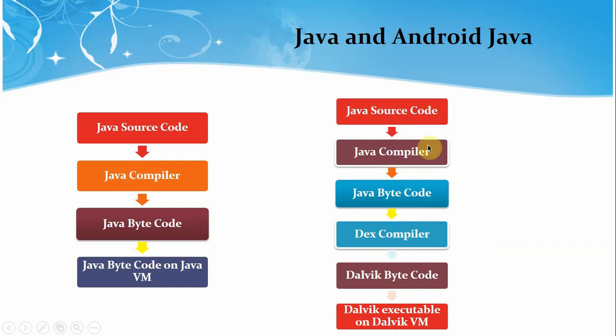Look at the procedure and remember it, because it is needed for theory purposes. You have Java source code which gets compiled, you get Java bytecode. The first three are the same. Then you pass it through the Dalvik executable, Dex compiler, and you get the output as Dalvik bytecode. I hope you follow, right? Then, simple: pass it to the Dalvik virtual machine, it will execute and give you the output.